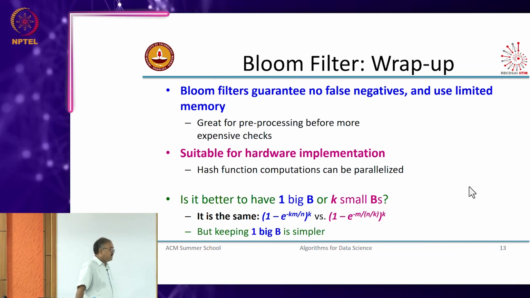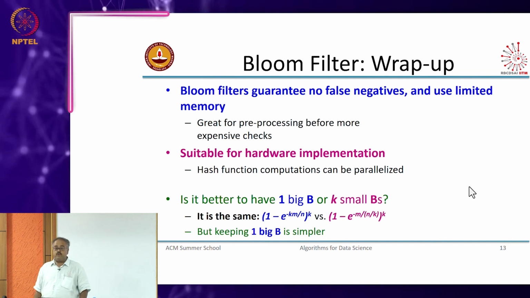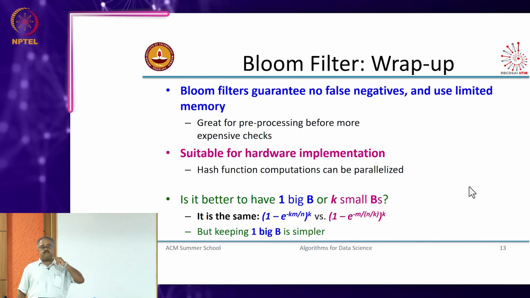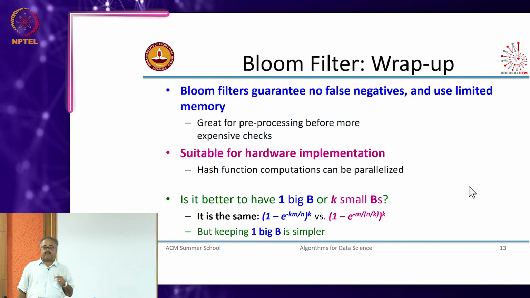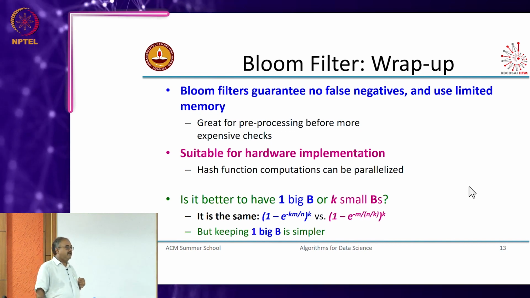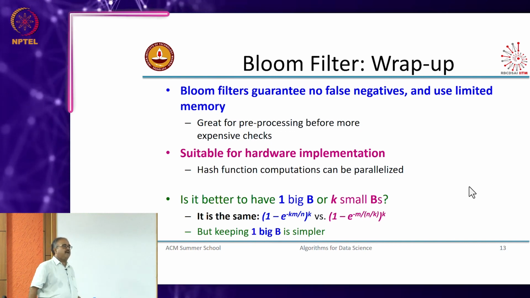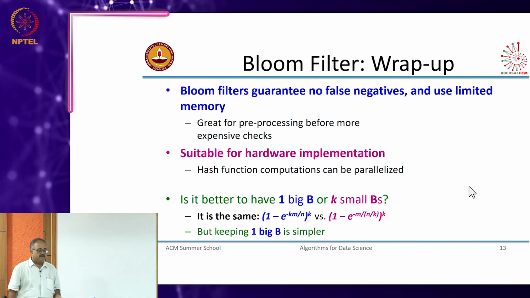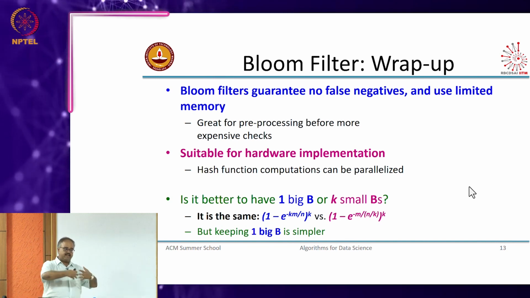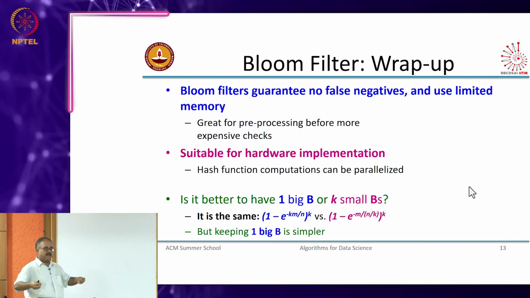But another big advantage, and this is something that a lot of people do use, is that Bloom filters can be implemented in hardware, and there are many places where there are hardware implementations of these Bloom filters. So you have this hash function and you have this bit bucket.